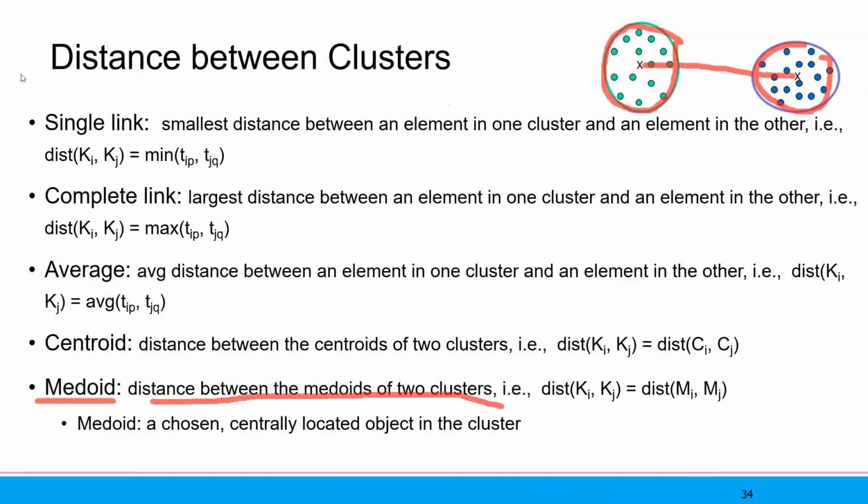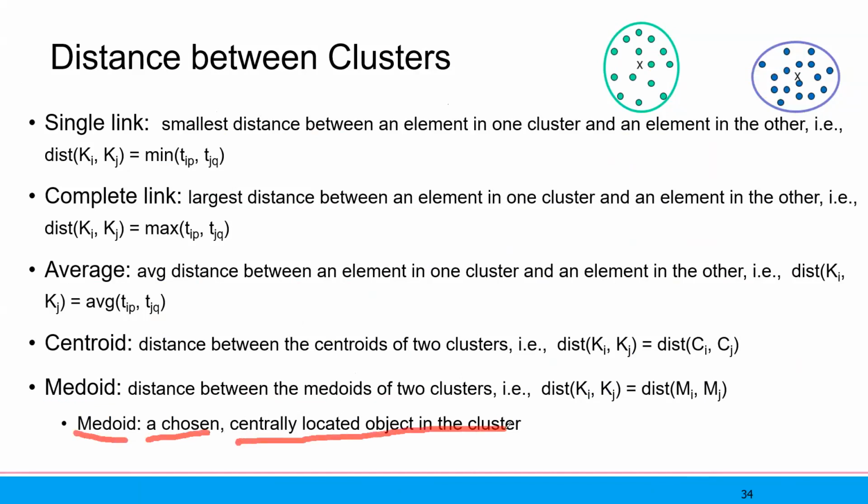If we select this medoid and this medoid, we can calculate the distance between these two medoids. As you might know, a medoid is a centrally located object in the cluster.